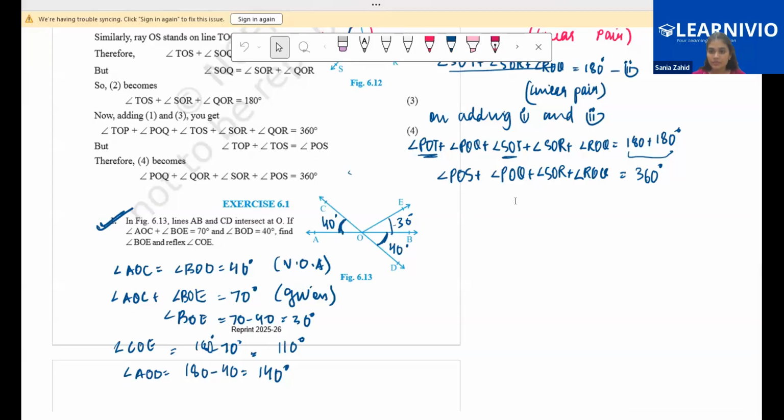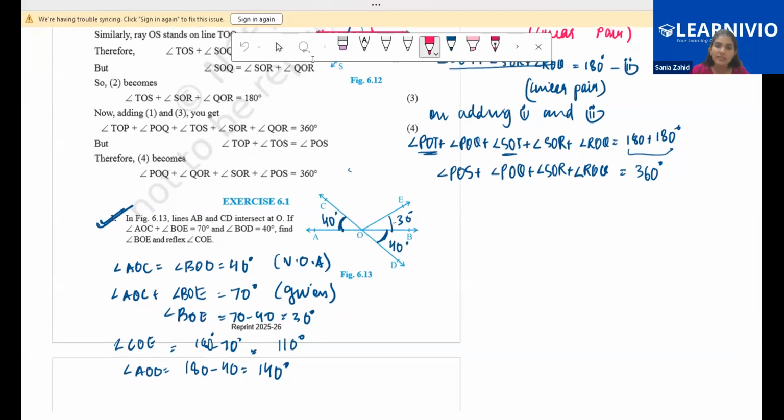Ma'am, I have a doubt in how to prove the parallel lines. Speak a little loudly. Proving parallel lines. Like how to prove any two lines parallel. Okay, see, that doubt is basically from the second exercise.